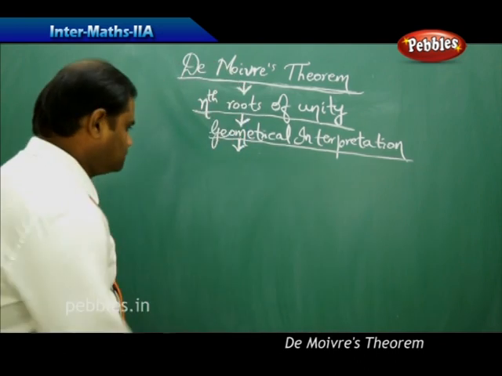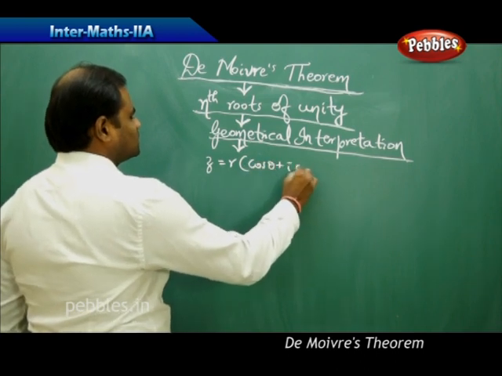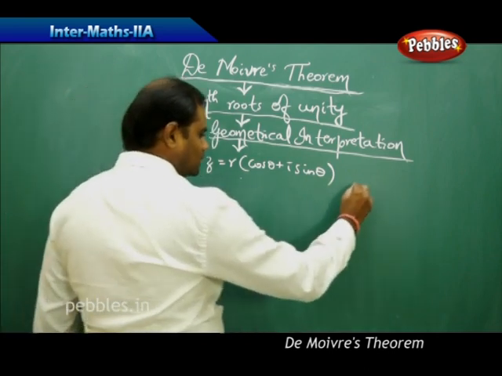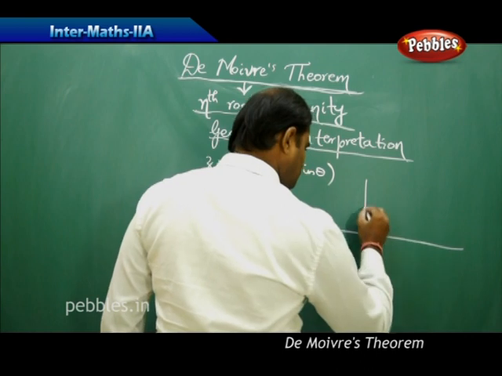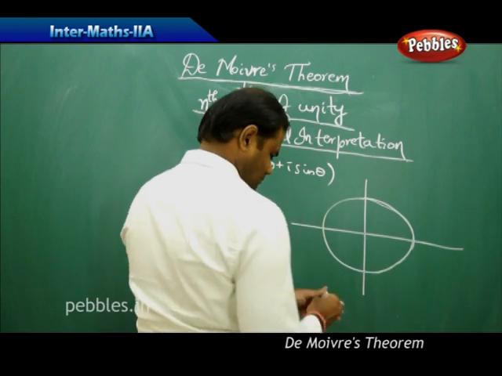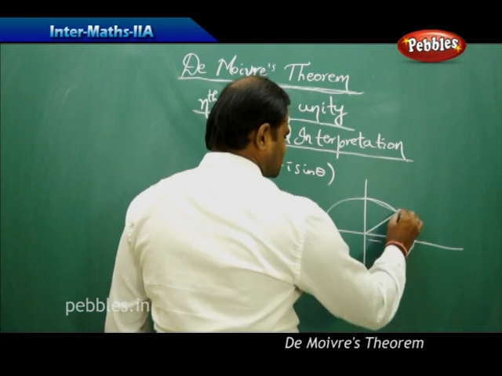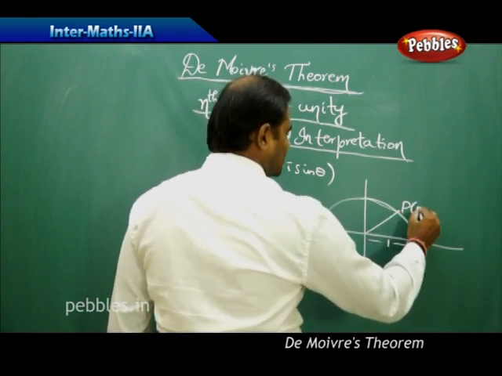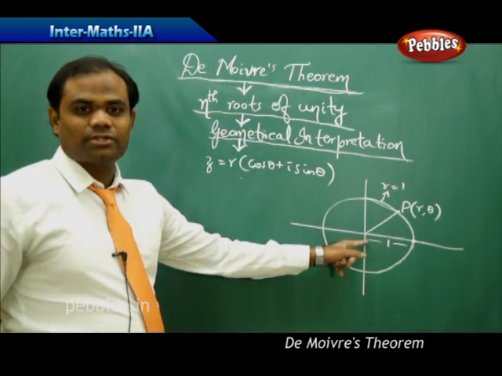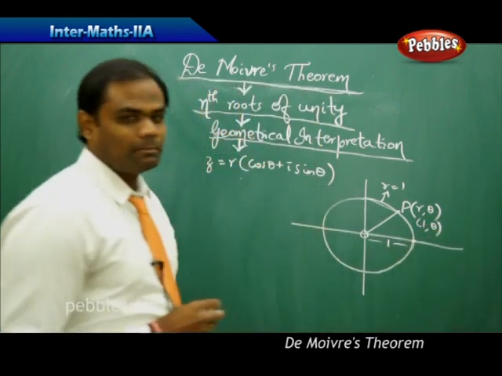Now let's consider the complex number r times cos theta plus i sine theta in the polar form. Now if I take a unit circle with radius 1, then any point on the unit circle is r theta, but because r is 1 for the unit circle with center as origin and radius 1, I have this in the form 1 comma theta.